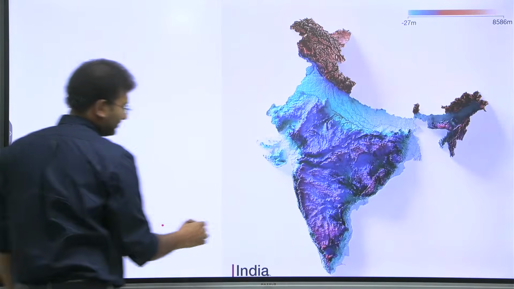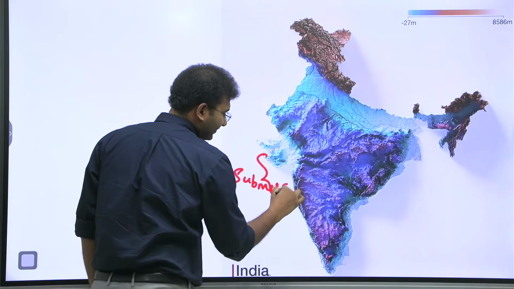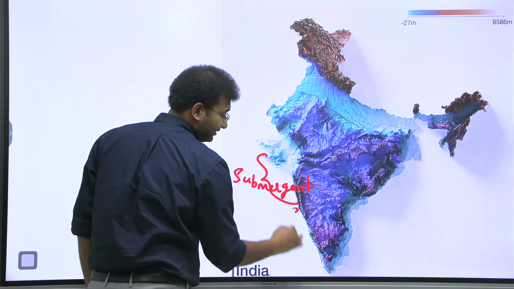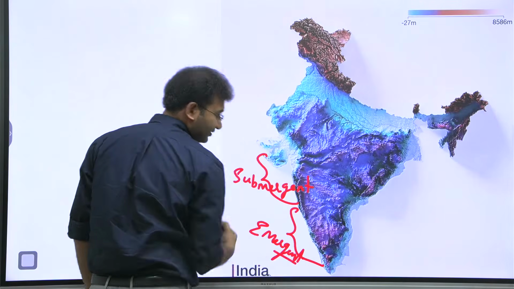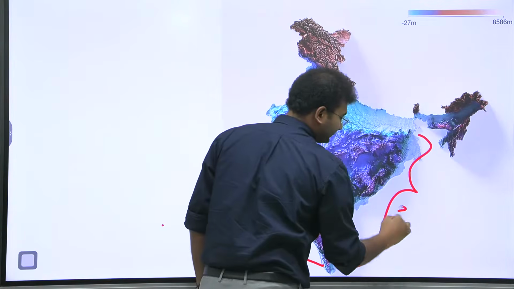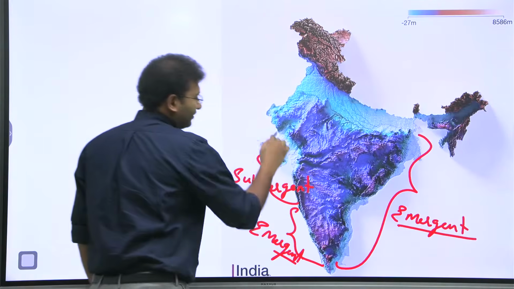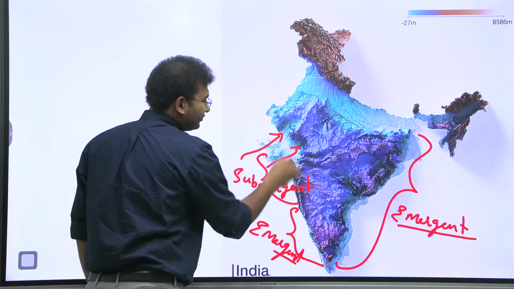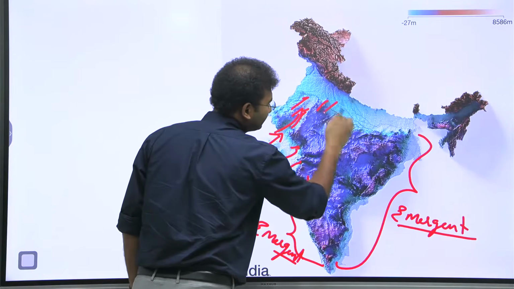So this is the submergent coast and this is emergent, and the entire east is emergent. So here with this marine regression, you got to see the water entered into all these areas.